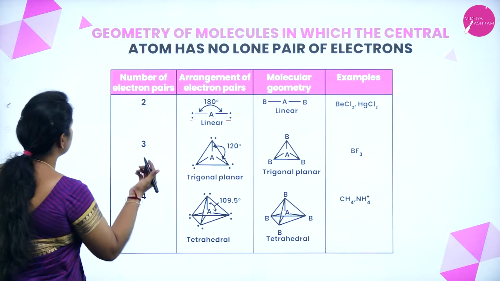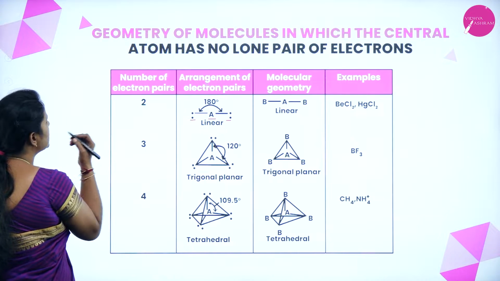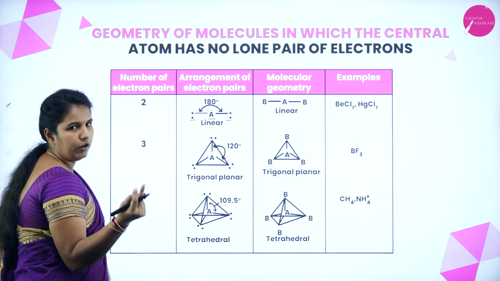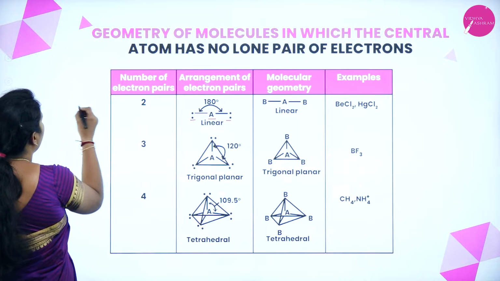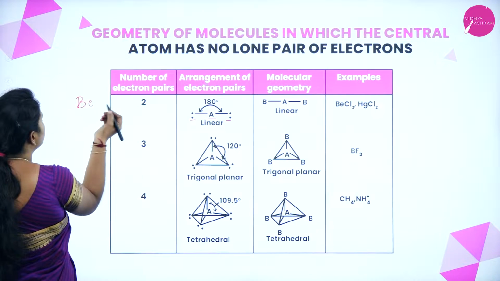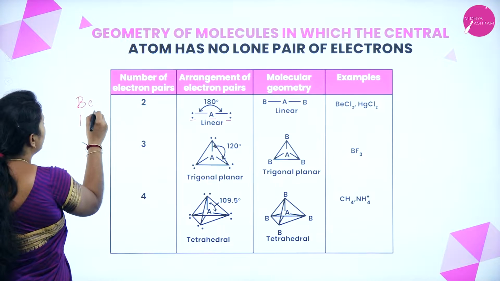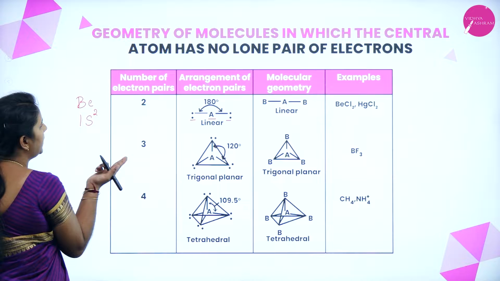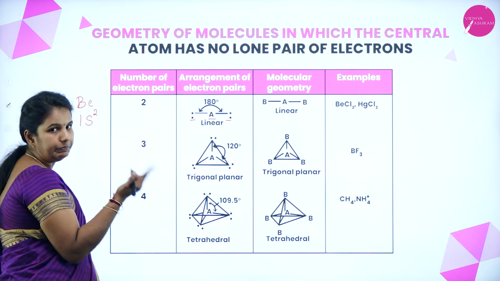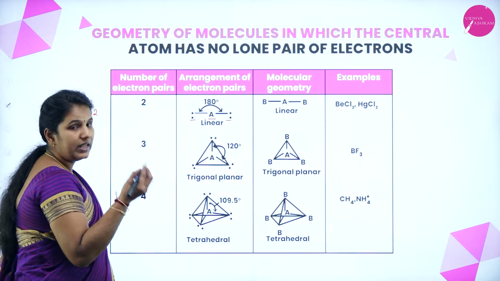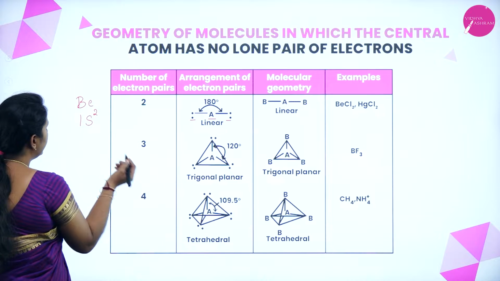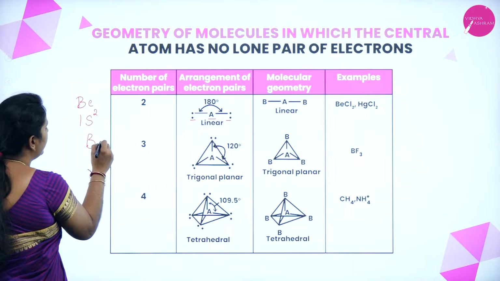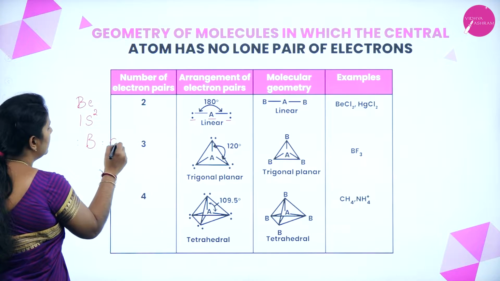So what does it tell us? We know that beryllium has how many electrons? 2 electrons. Is it right? Yes. And it has an electronic configuration of 1s2, 2s2, which indicates that there are 2 electrons in the outermost shell. So these 2 electrons get paired up by what?